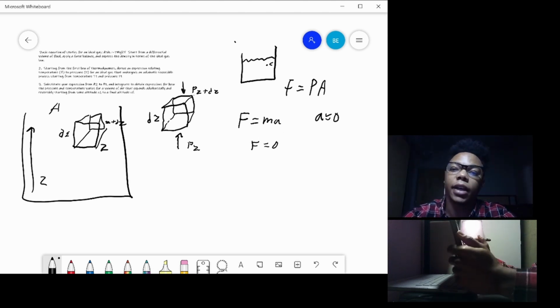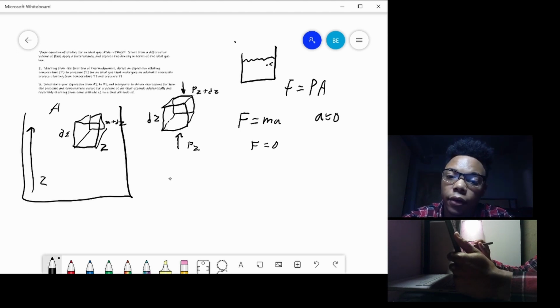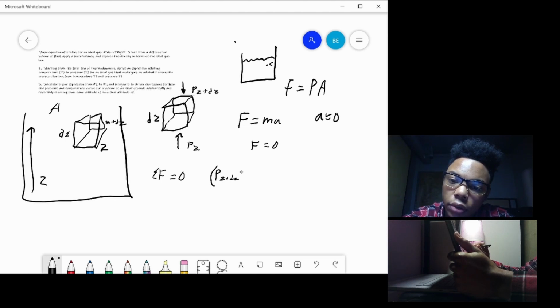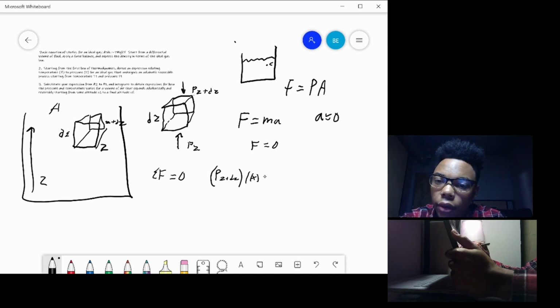And now when we calculate all our forces, all our forces are going to equal 0. And that means we're going to have a force of P of z plus dz times the cross-sectional area, and that is going to be negative.